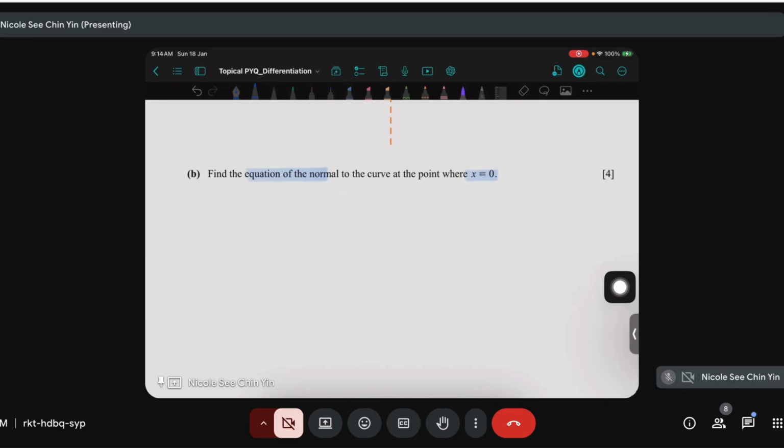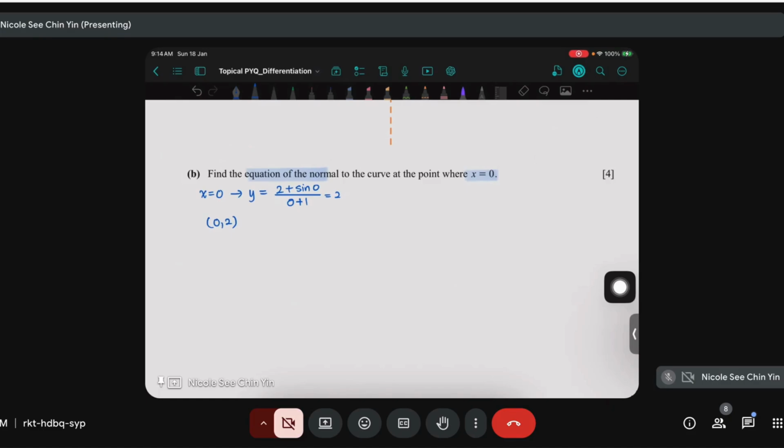From here I need to get a point. So my point x equals 0. I put into my y, so my y value here is 2 plus sine 0 divided by 0 plus 1, which equals 2. So first I get my point (0, 2).